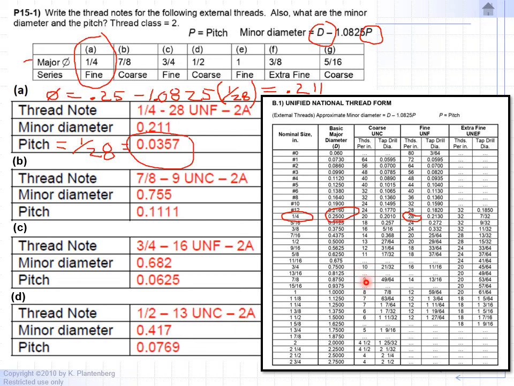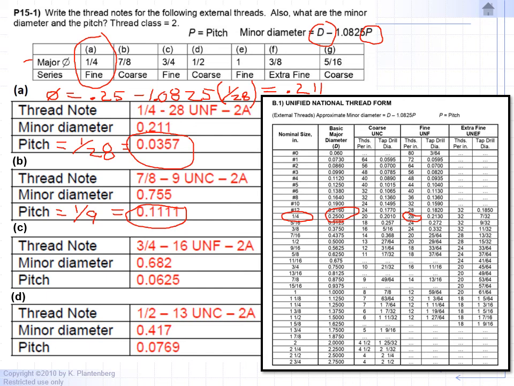To calculate the pitch, we take the inverse of 9. So the pitch equals 1 divided by 9, and that equals 0.111111. It goes on forever, right? You can round off or use the number of decimal places you want, 2, 3, or 4 decimal places. I'll leave it up to you.